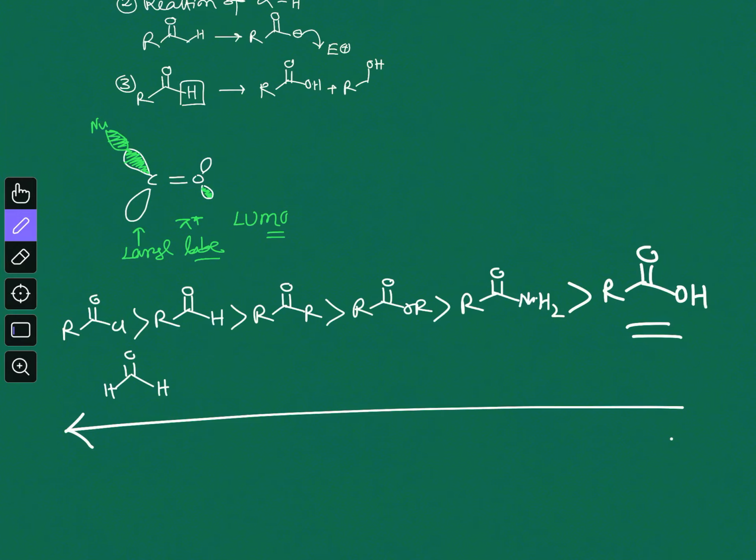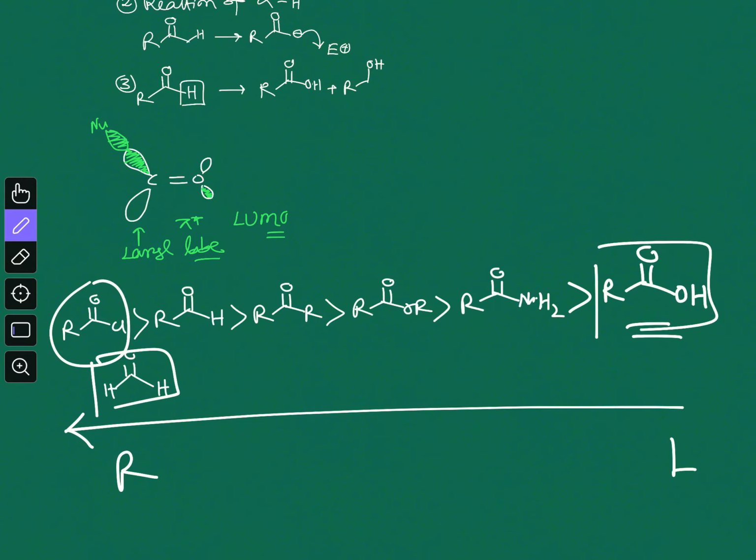So from left to right the reactivity decreases, and if we actually see it, you can see this acid chloride is the most reactive, or you can say formaldehyde is the most reactive, and acid or carboxylic acid is the least reactive. So what are the factors on which the reactivity of carbonyl group depends?